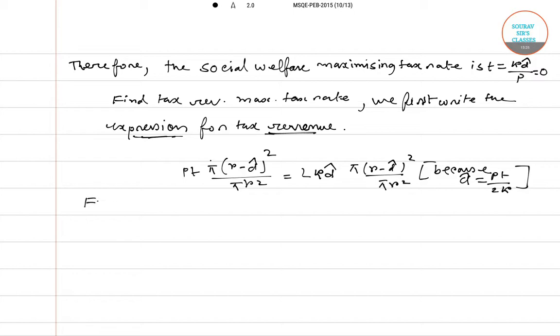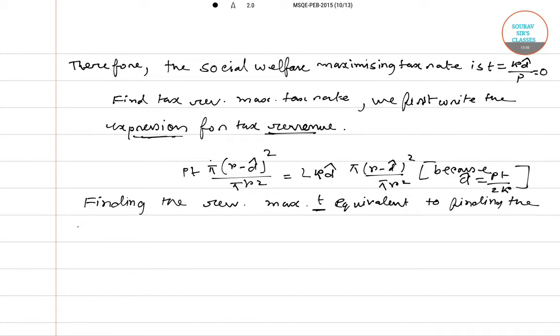Now we can find the revenue maximizing small t, which is equivalent to finding the revenue maximizing d hat. Now maximizing the above, we get the value of d hat to be equal to small r by 3.